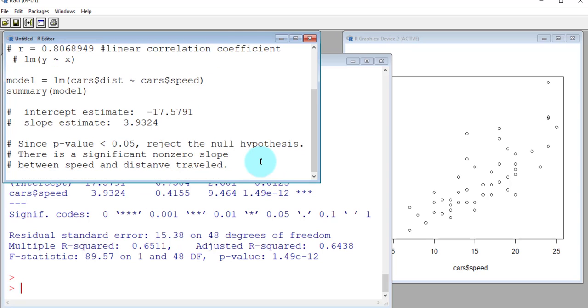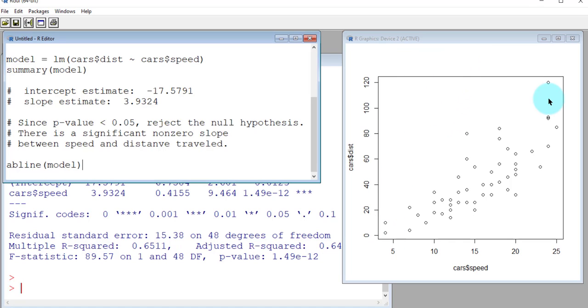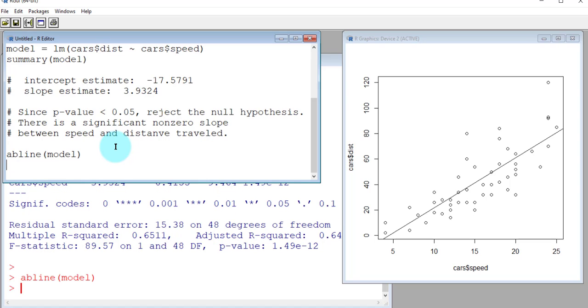So kind of a nice little tool here is abline. abline will extract the slope and the intercept from our object called model, and it will place the line with that slope and intercept onto that image.